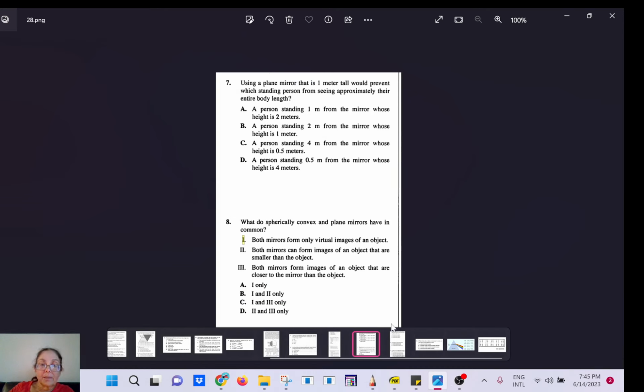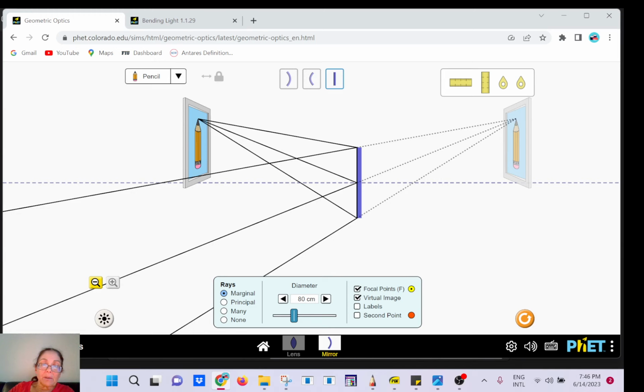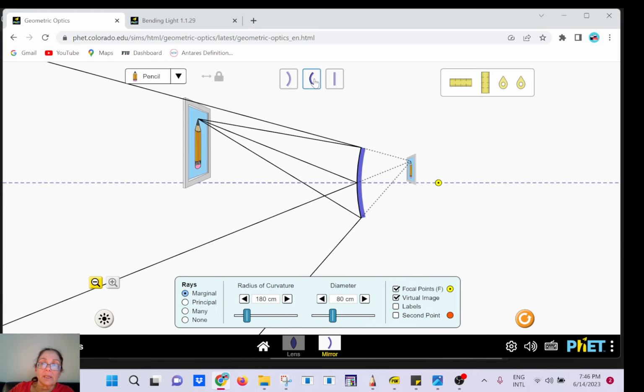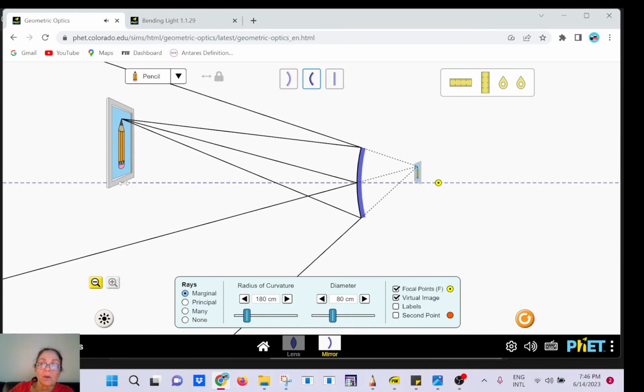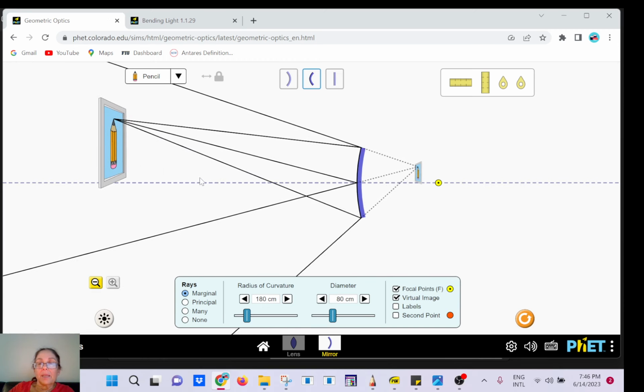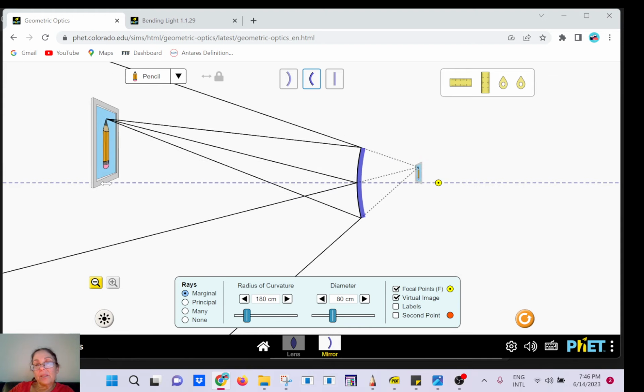Well, yeah, here. So spherical convex mirror and plane mirror. So convex mirrors are diverging mirrors, and you see that the image is always virtual, is always smaller, and it's always beyond, right?